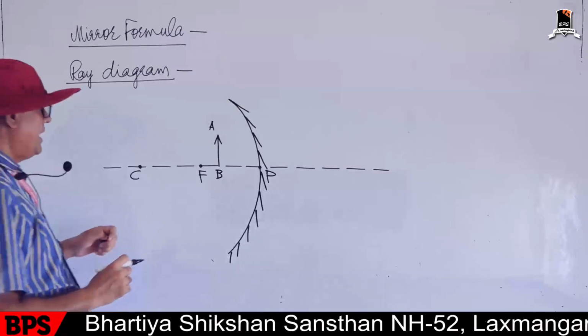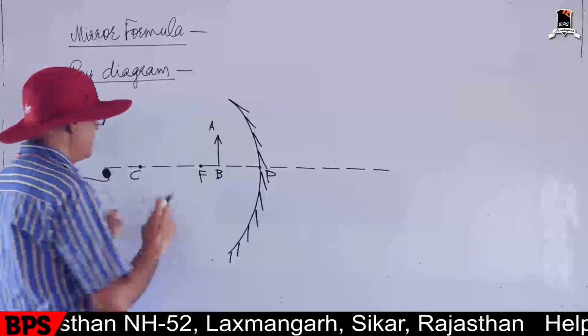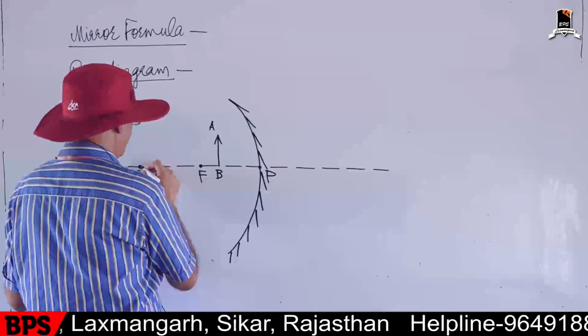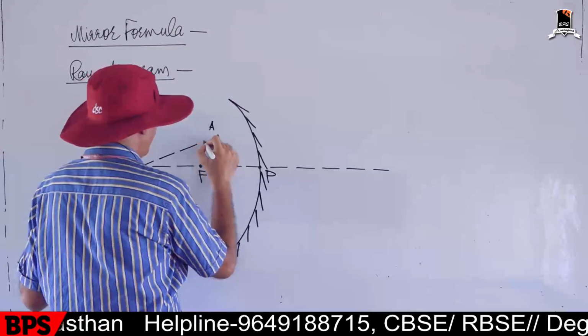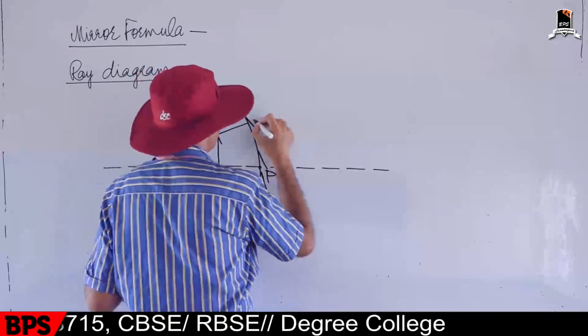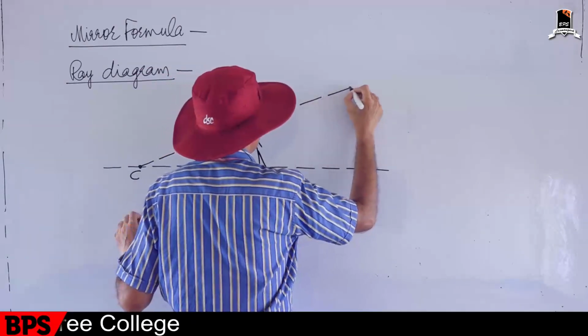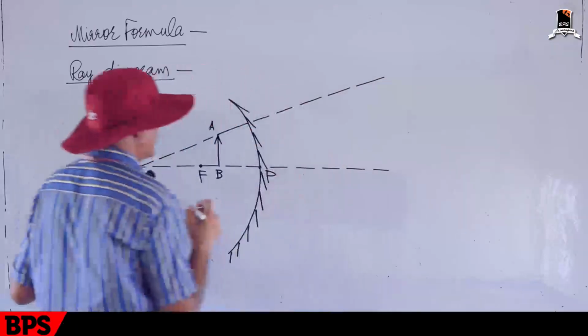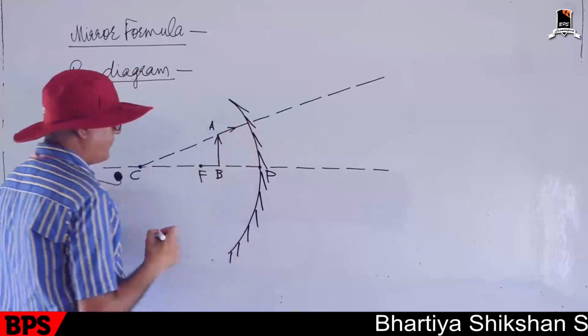Now, one ray is directly passing through the center of curvature point. So the ray is going like this. Extend this ray behind the mirror also. So this is the first incident ray.